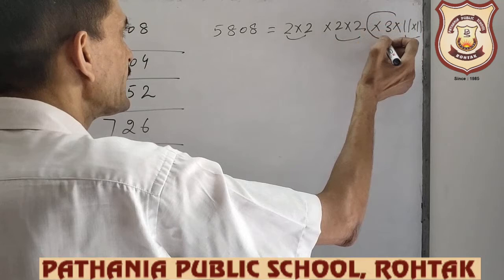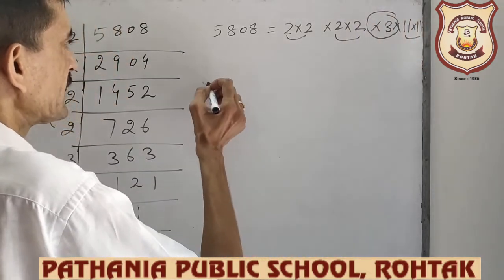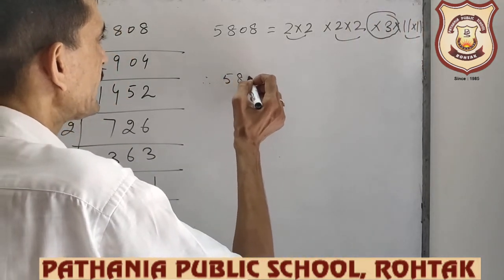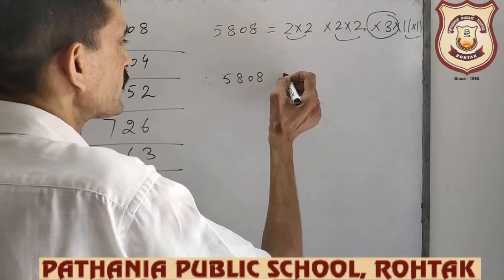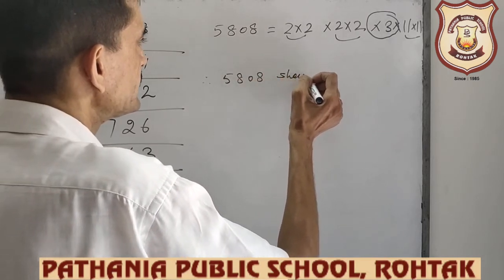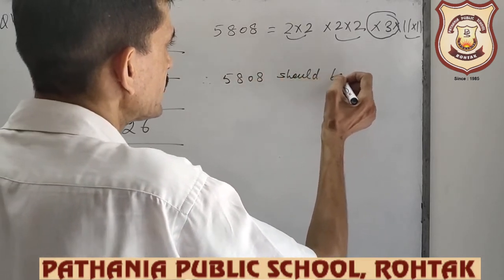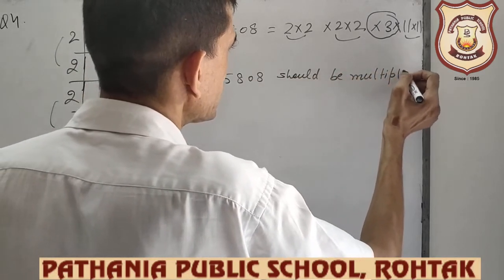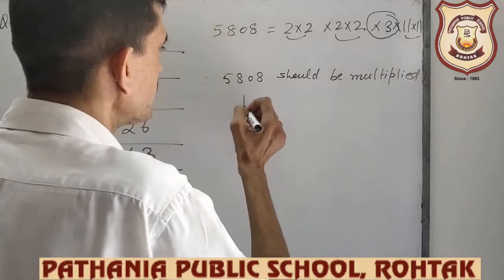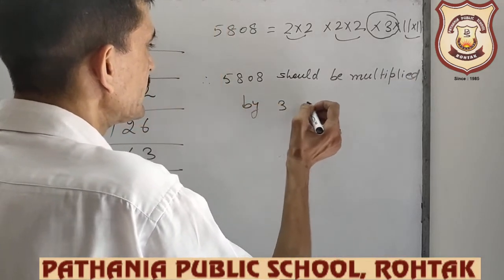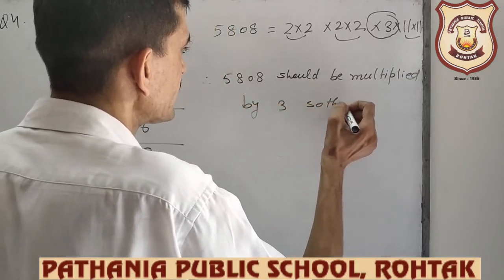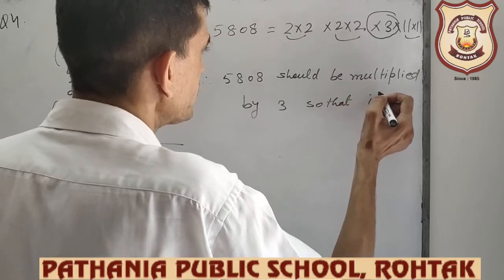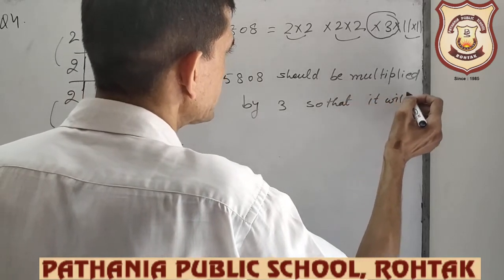Only 3 is without a pair. So therefore 5808 should be multiplied by 3, so that it will be a perfect square.